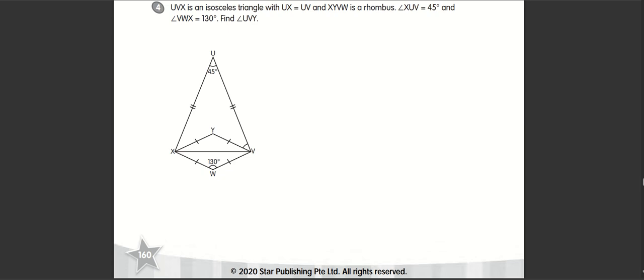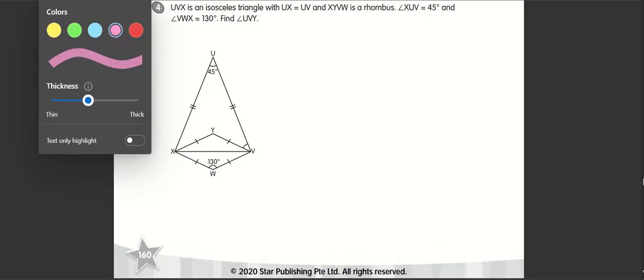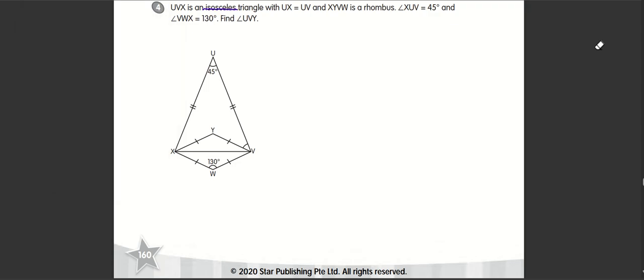Right. Looks quite complicated with lots of letters. So let's go step by step. First, let's see what are the shapes that we can identify here. The first one, it says it's an isosceles triangle. I'm going to use pink here, the isosceles triangle. And then you have UX and UV.